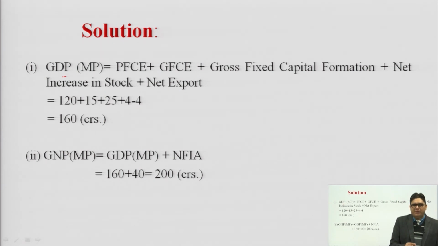As I explained, if at the first stage the value of the product was 100, and at the second stage of production the value has reached 1500, how much value addition has happened? It is 500 only. So, in the value added method, we will only take 500 into account.